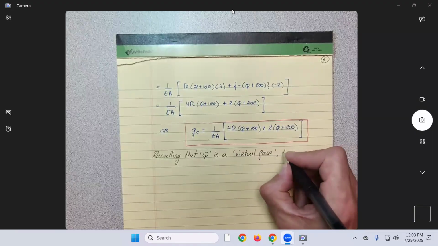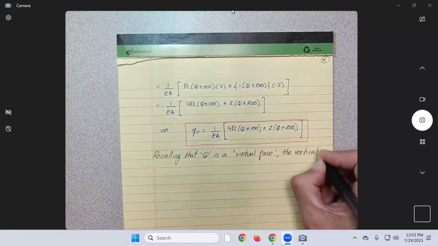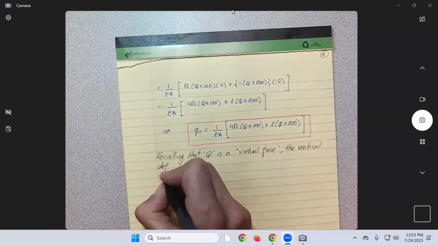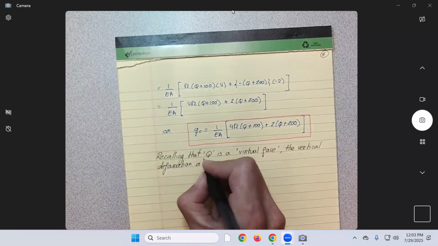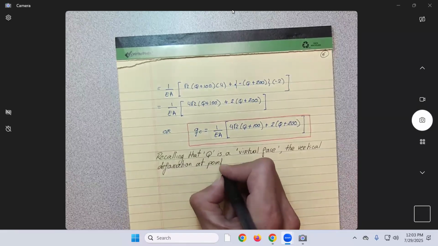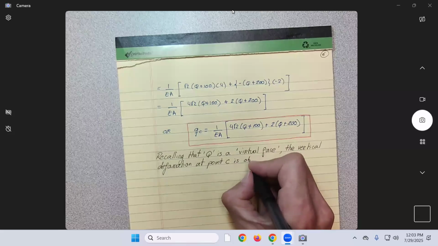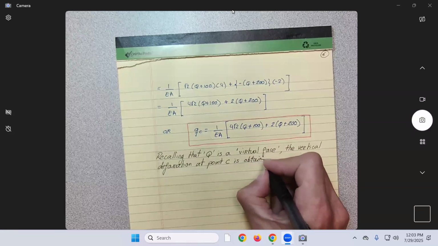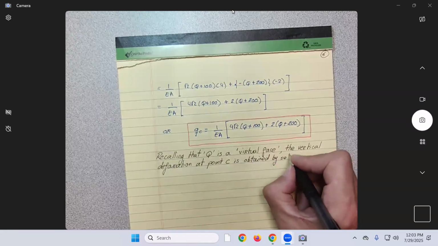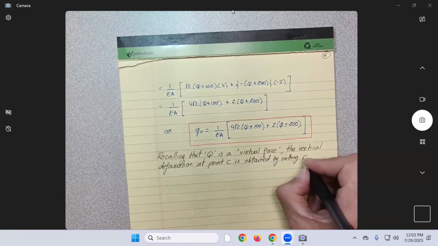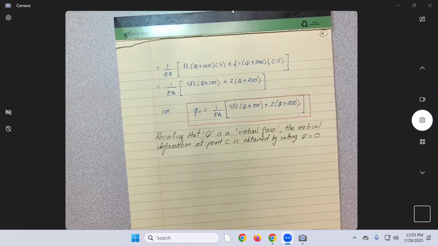okay, now we can say that the vertical deformation at point C is obtained by, let's say, setting the force Q equal to 0.